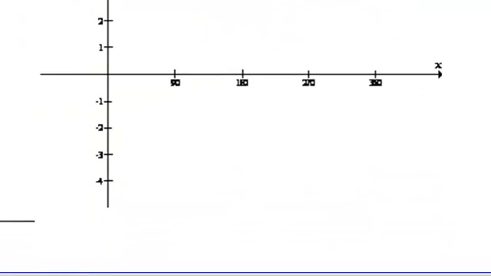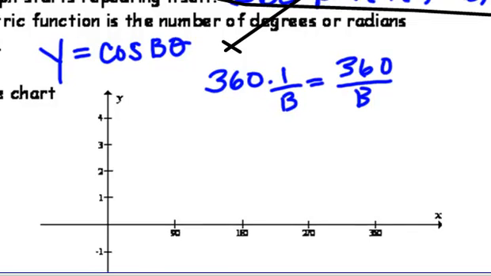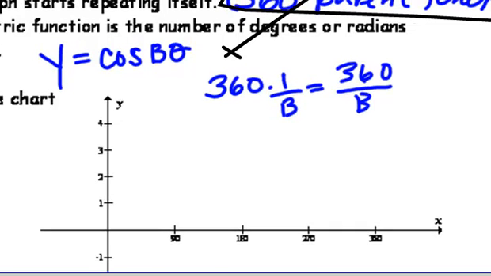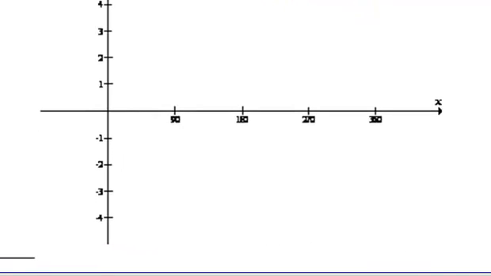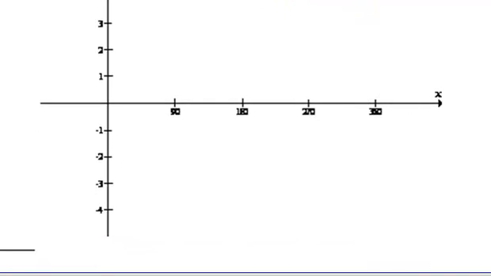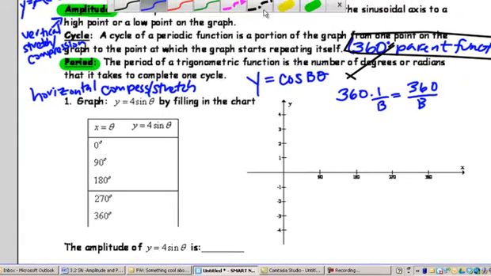Okay? Now, something else we talked about. Well, actually, let's just go ahead and do amplitude first. Okay? So notice our amplitude, if we're looking at number 1, we got y equals 4 sine of theta. 4 is our amplitude, which means that we are then going to stretch our graph, the distance from our sinusoidal axis, the x-axis, by 4.